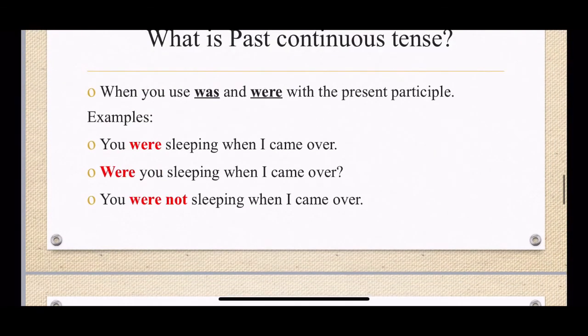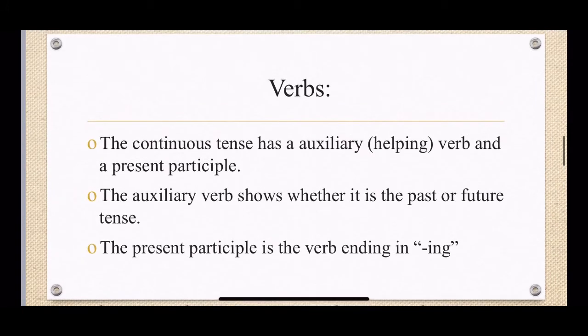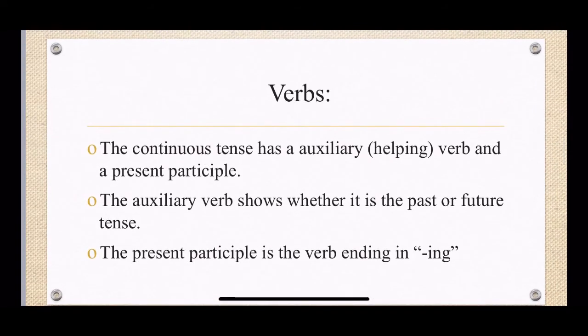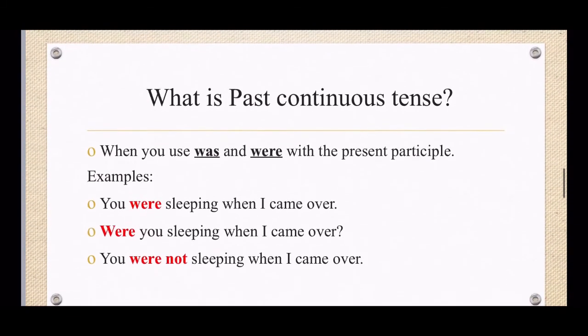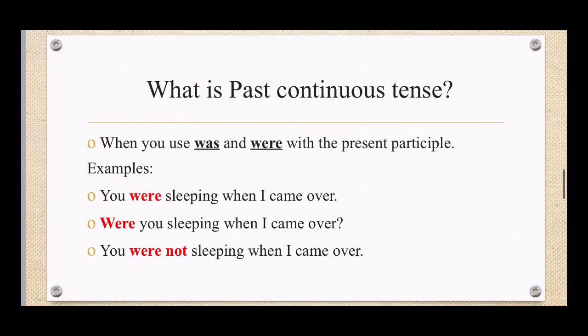So let's just go back and remember the last bullet says the present participle is the verb ending in ing, right? Here in past continuous tense, my example: sleeping.